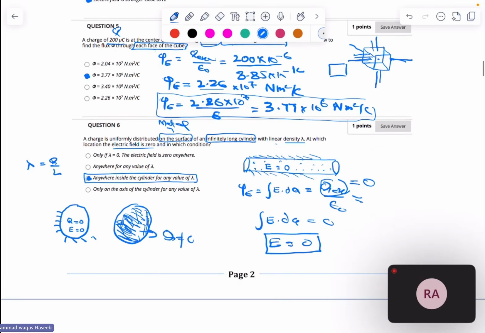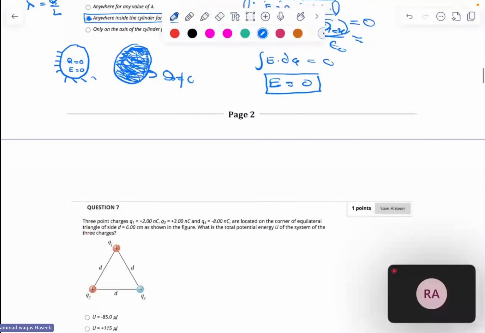But if this is a sphere which is filled, a three-dimensional object, then the charge is not zero. So keep in mind while reading the question what is given to you. Okay, next.